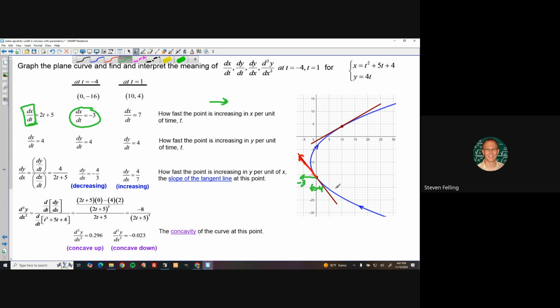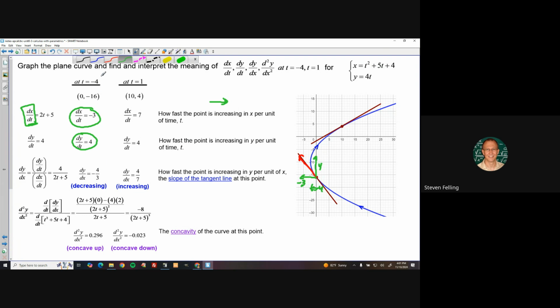So if this time is like seconds, that means that this trajectory is moving at -3, say, centimeters per second in the x direction, or 3 centimeters per second in the negative x direction. The fact that dy dt here is 4 means that we're moving at 4 centimeters per second in the upward direction also.